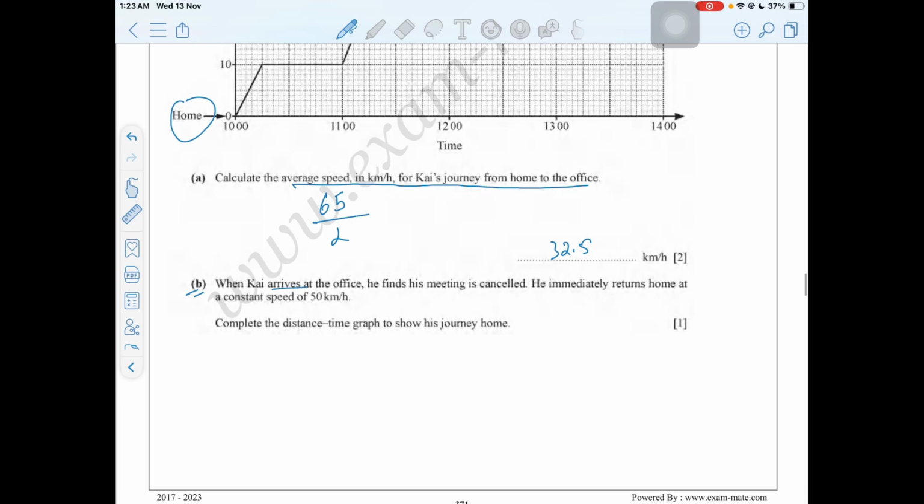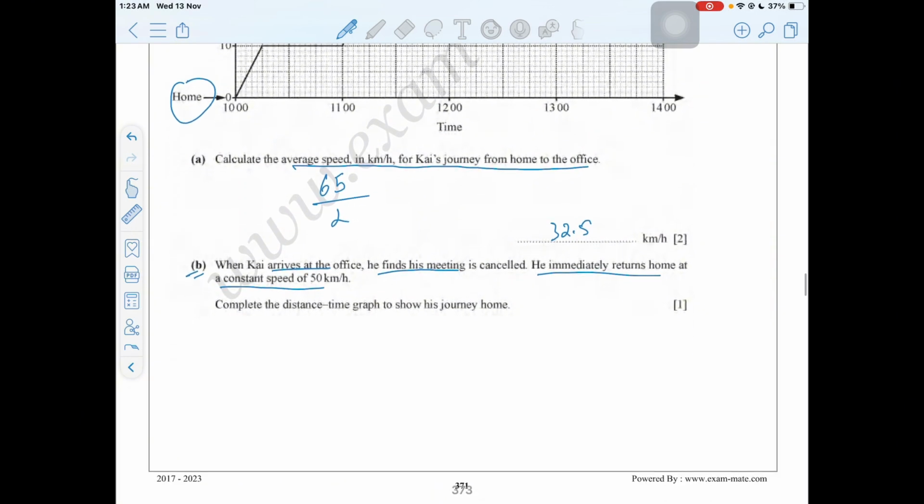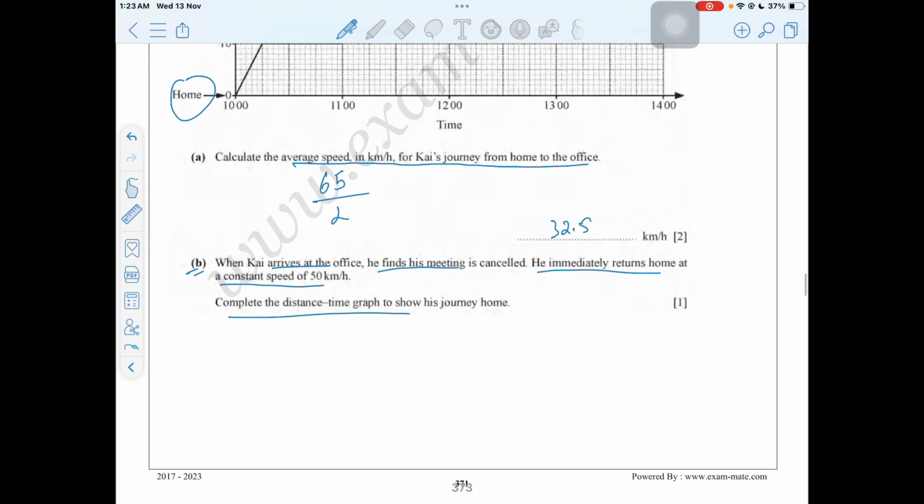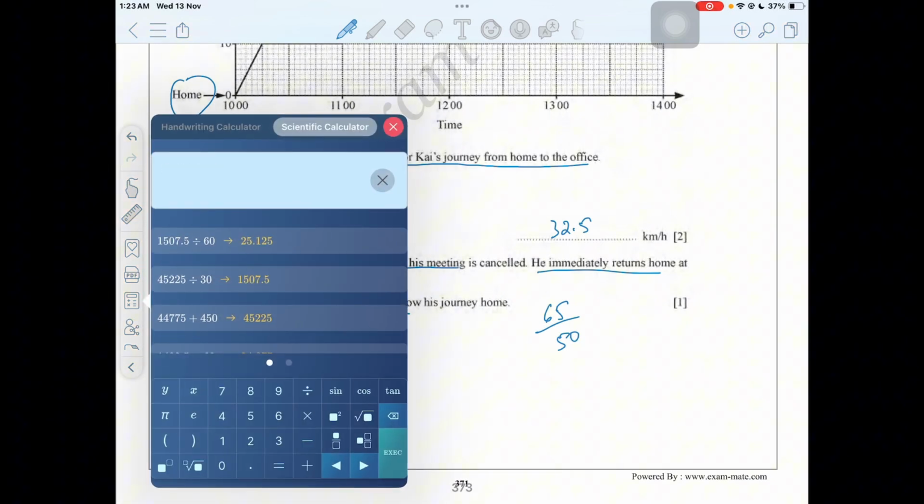We have part B as when Kai arrives at the office, he finds his meeting is cancelled. He immediately returns home at a constant speed of 50 kilometers per hour. Pretty fast, I guess. Complete the distance time graph to show his journey home. Right? So 65 kilometers traveled at 50 kilometers per hour. So this would be 65 divided by 50. 1.3 hours.